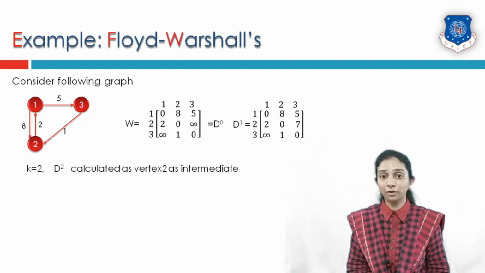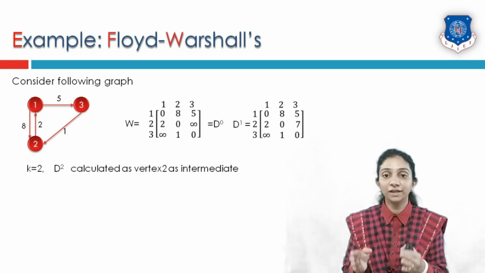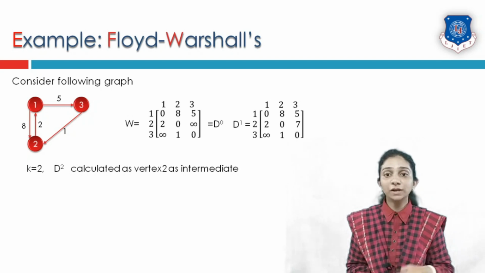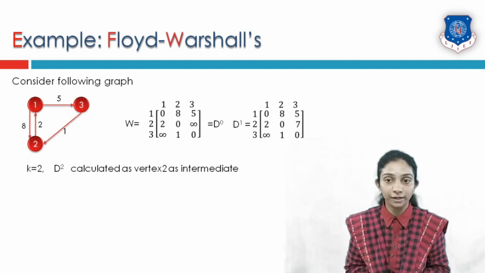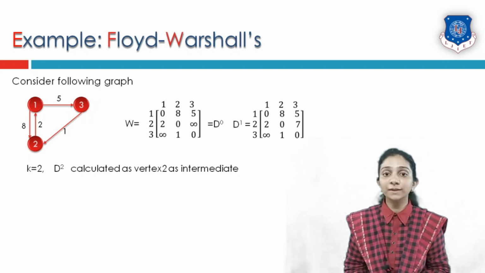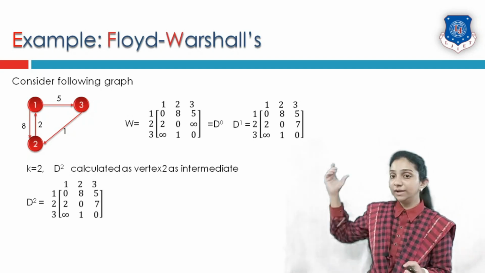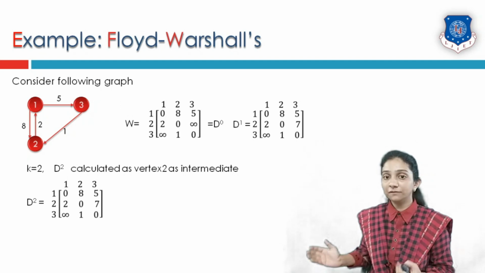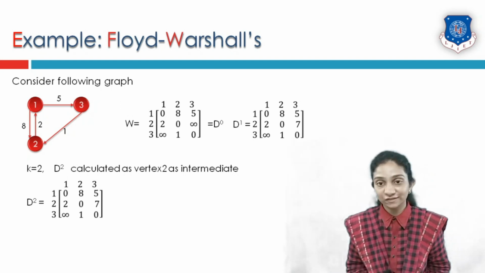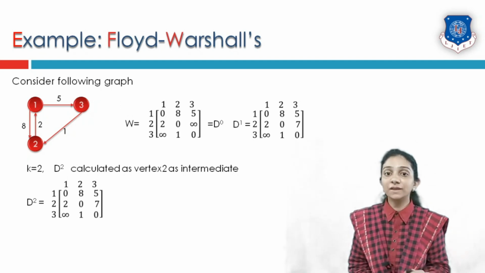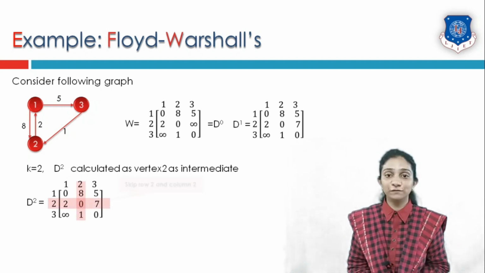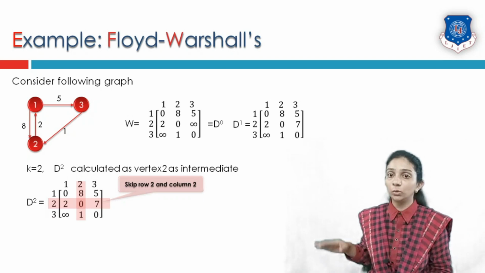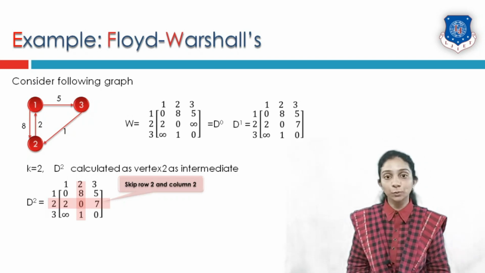Now we will work on k equal to 2, that is distance matrix number 2, which considers vertex 2 as an intermediate vertex. To work with D2, we will start with D1 only, so here we are just copying D1. Now if we are working with k equal to 2, or distance matrix 2, we have to eliminate row number 2 and column number 2.